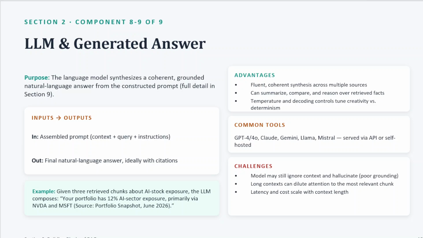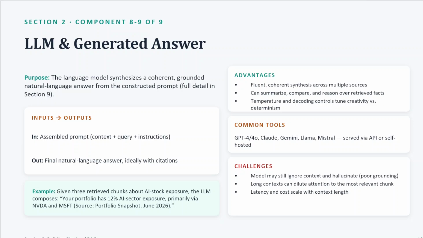You have temperature and decoding controls to tune creativity versus determinism. Now, GPT-4 and GPT-4o, Claude, Gemini, Llama, and Mistral are all frontier models that are constantly being updated, but those are going to be the common tools in this case.